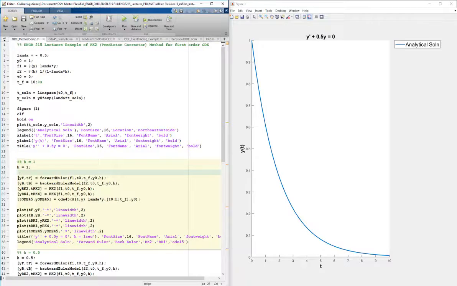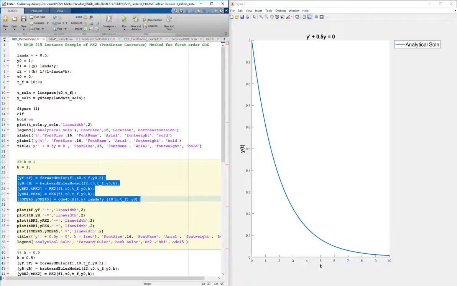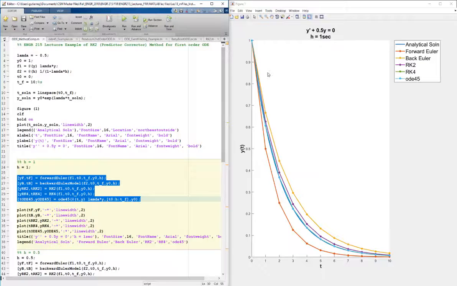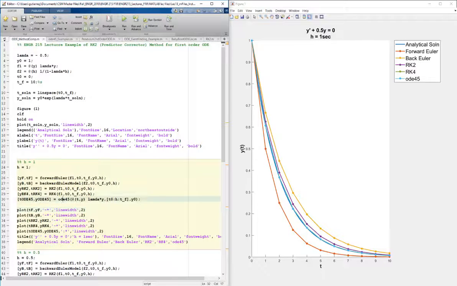Here I've just evaluated all 4 methods, and I'm going to plot them all. If I run this section, and I'm actually also running ODE45, so we'll talk about that next, that's the numerical method which uses RK45. That is a Runge-Kutta method also, and that is Matlab's numerical method for solving ODEs.